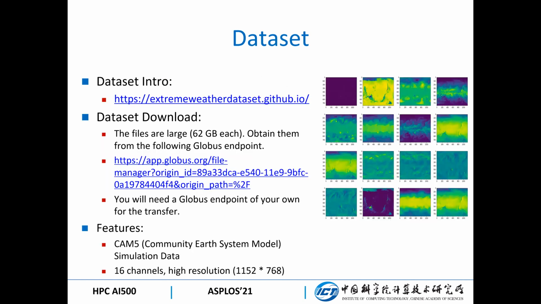The EWA dataset is made up of 26 years of climate data. The data for every year is available as one HDF5 file. You can obtain this data from this web link. Each HDF5 file contains two datasets, images and boxes.